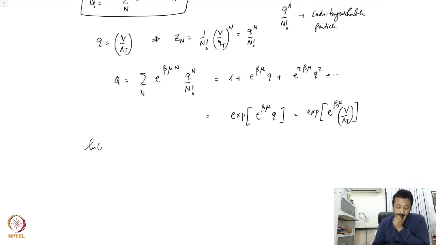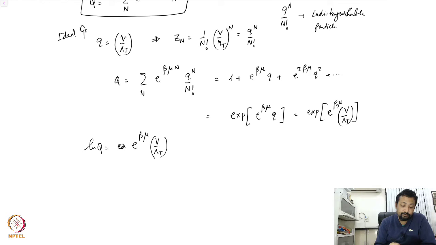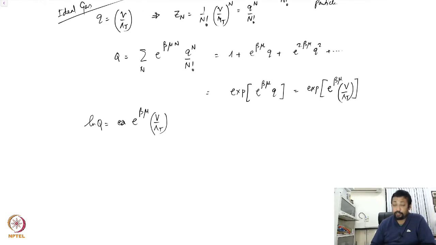So ln Q is going to be e to the power beta mu V over lambda t, right? So this is the case for an ideal gas in the grand canonical formalism. Good.